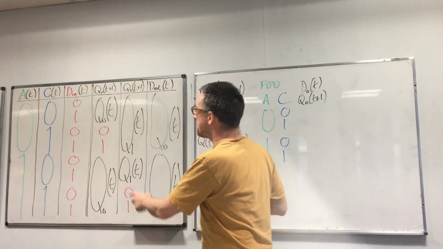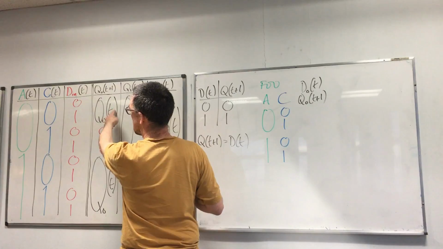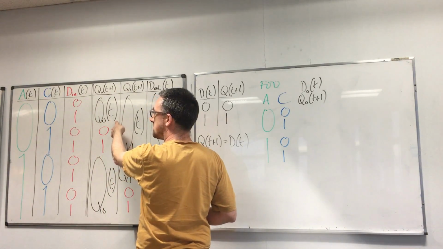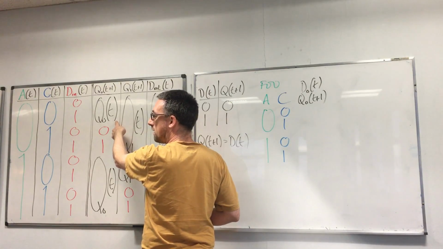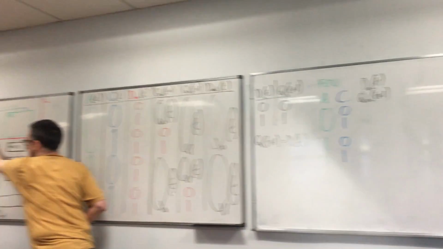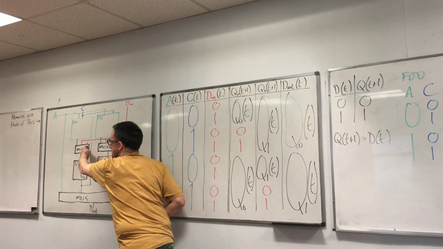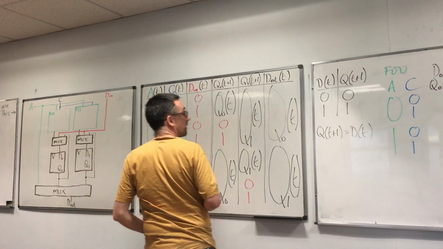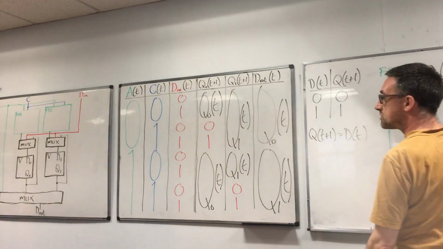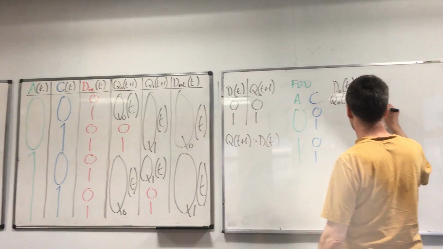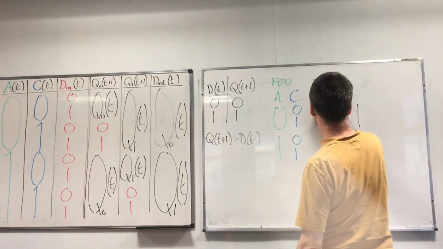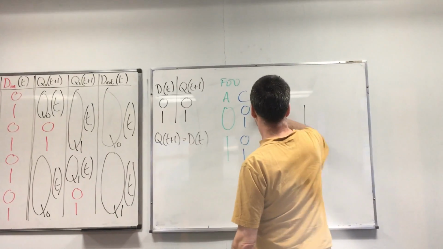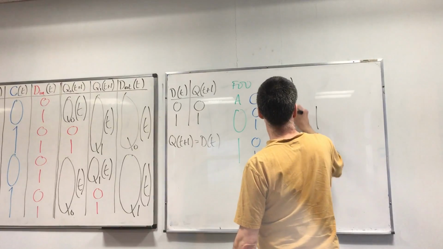So what happens? We can see that when we have A and C both being 0, we want Q0 of t. And that's the third input to the mux. That's the signal we'll get if the mux controller says 1. So the mux controller had better give us a 1. That will give us Q0 of t in this case.